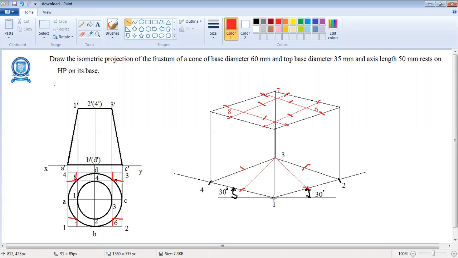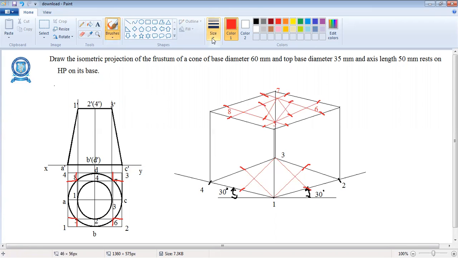Join the center lines by using a scale like this, like a V shape, and also like this.